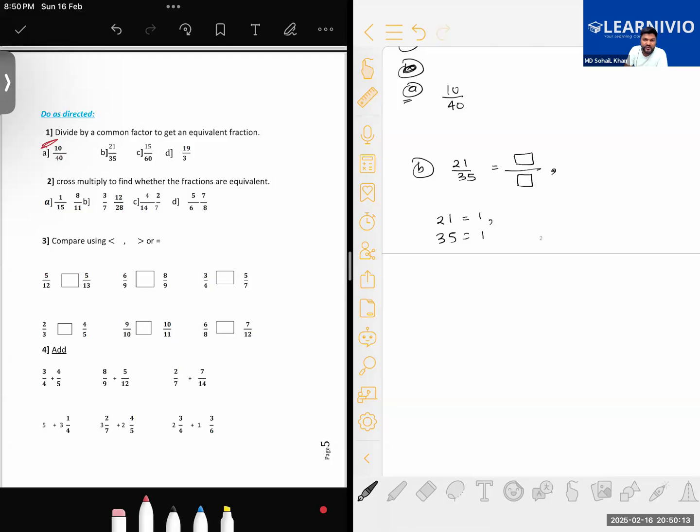What are the factors of 21? 1, 3, 7, and 21.